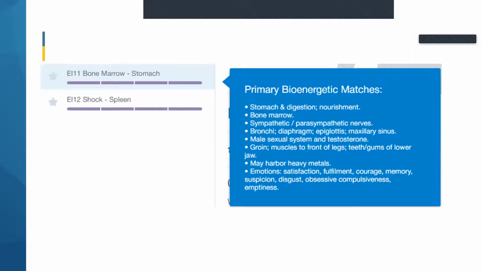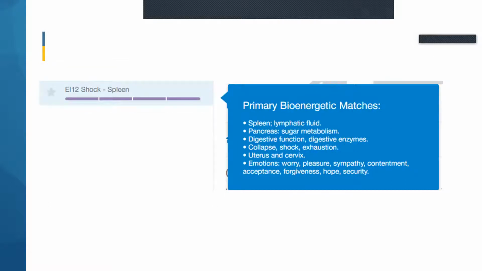Bone marrow, so stomach meridian, so stomach and digestion again. Okay, we've got the sympathetic and parasympathetic nervous system. We've got our emotions, so looking at emptiness, suspicion. I think there are some areas of distress going on with her. Okay, and then this is always an interesting one that comes up, the shock spleen meridian.